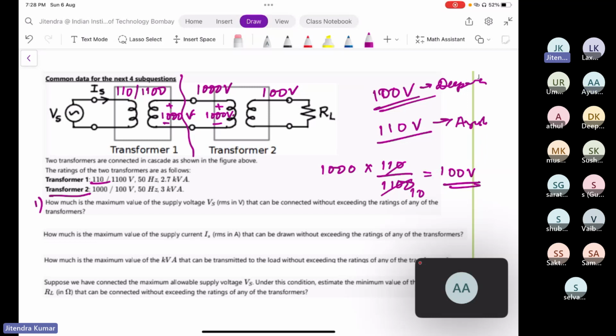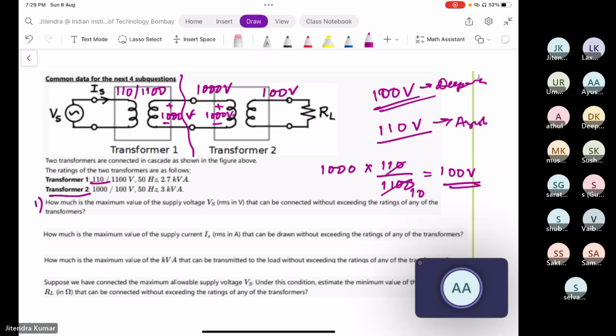Yes, you are very correct. That's why this question is very tricky. Here the question has provided 110 by 1100. But from transformer 2 it is getting reflected as 1000. So which value should we consider after taking this protection into account? Which rating will you choose? 1000, sir.